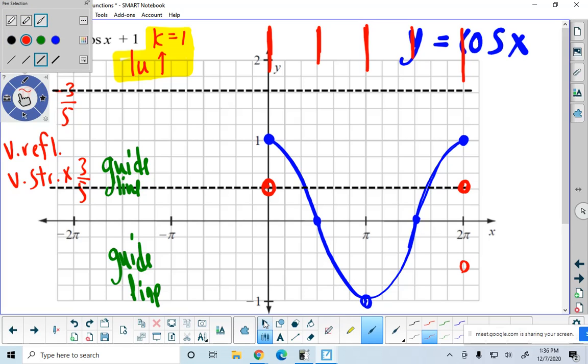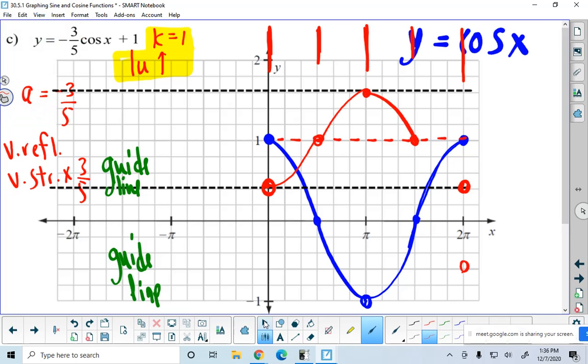And those 4 chunks occur, here's the middle, by going up to the middle, up to the max, down to the middle, down to the min. So we cheated by saying, what would happen to the guidelines if we did everything all at once, and then we graphed it?